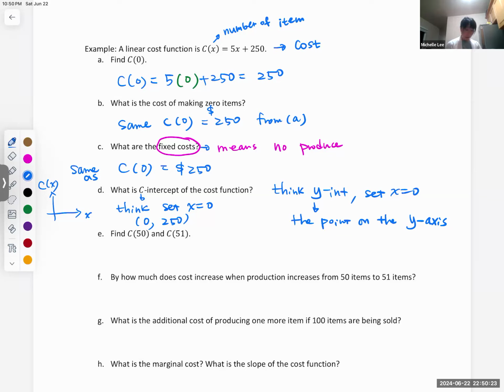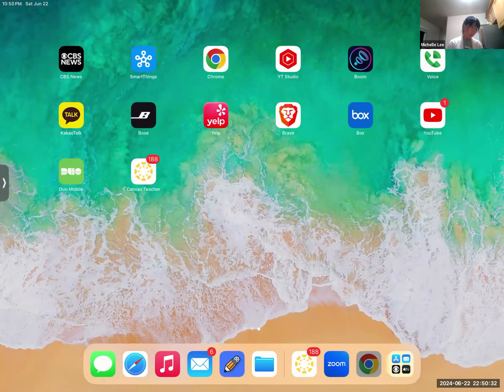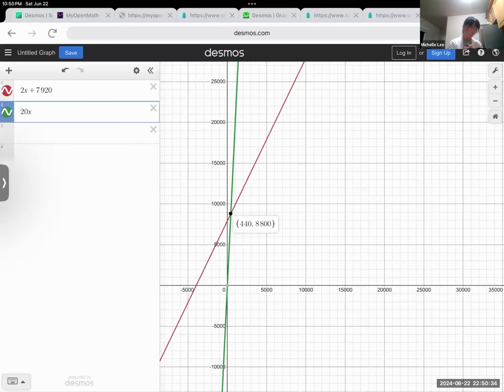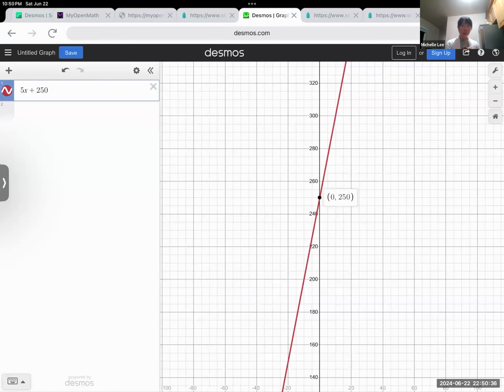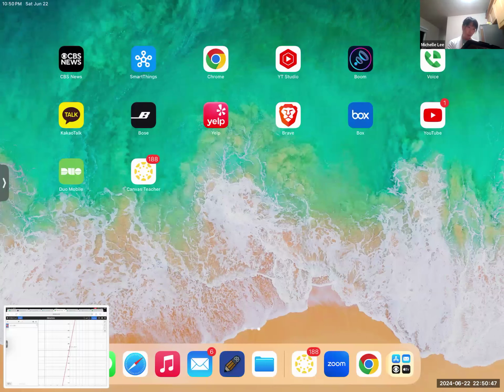All right. Let me show you the decimals. C-intercept, so 0 and 250, right? So let's find out decimals here. So 5x plus 250, and 0, 250 there. Okay, maybe I'm going to copy here.